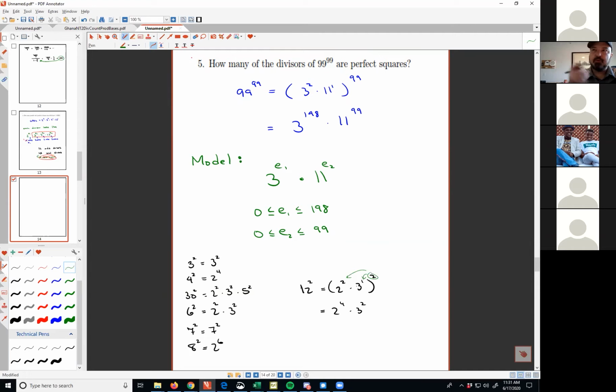But if you have a number with all even exponents, is it necessarily a perfect square? For instance, if I gave the prime factorization 2 to the 6th power times 3 to the 2nd times 5 to the 2nd, is that a perfect square?